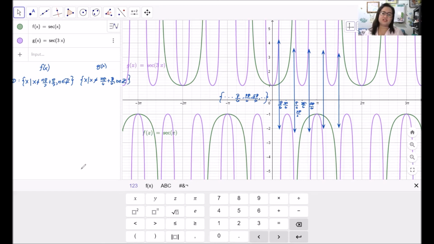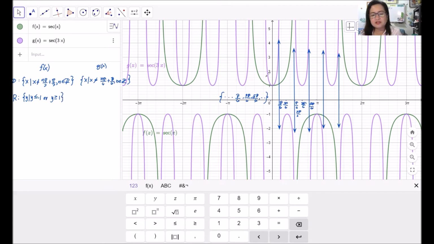Okay, so there's a significant change in the domain when we have a change in C. Okay, what about the range? The range of f of x is the set of all y such that y is less than or equal to negative 1, or y is greater than or equal to positive 1.